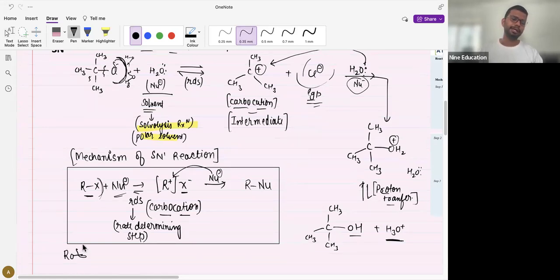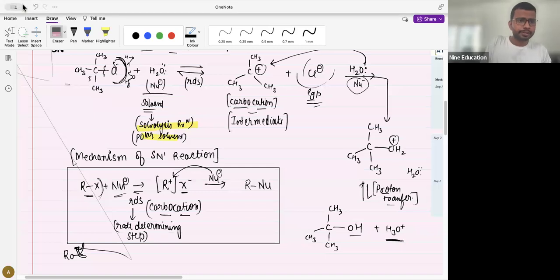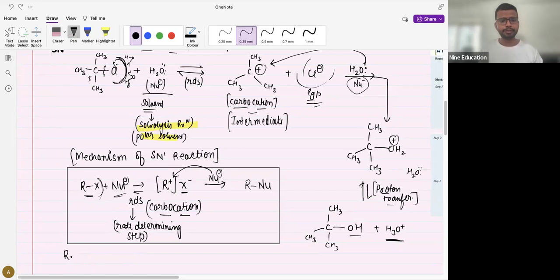Here also write that rate of reaction, which I write as ROR, rate of the reaction is directly proportional to K times the alkyl halide power 1.